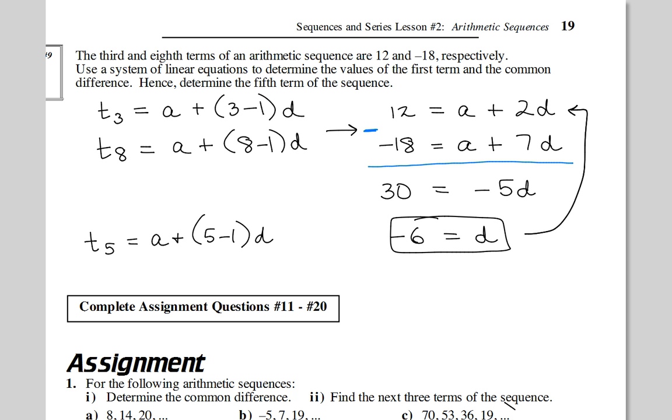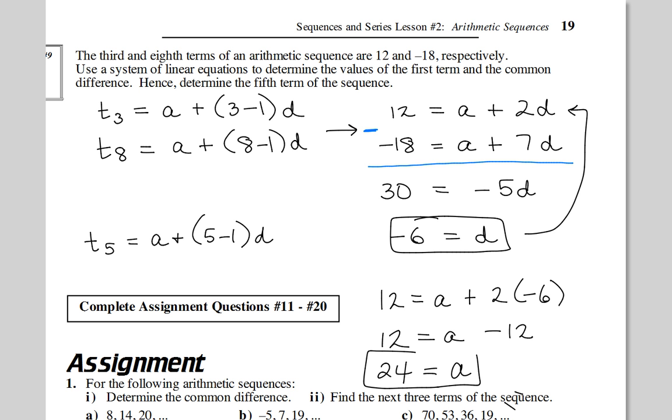I'll plug it back into the first. 12 equals A plus 2 times negative 6. 12 equals A minus 12. Move that 12 over, you get 24. So A is 24. That's just solving the system completely.